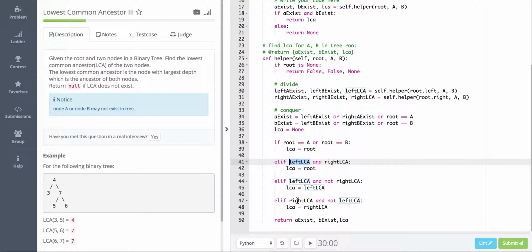And if just the right LCA exists and the left LCA does not exist, then we know that the right LCA is the LCA we want to calculate. And in the end, we just return A exists, B exists, and the LCA. So this is the core function of the helper.